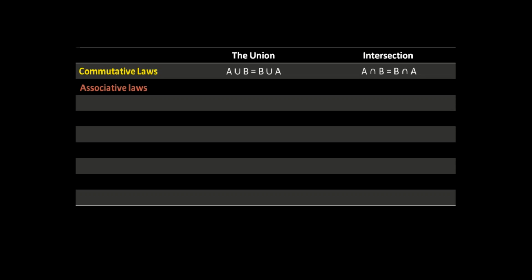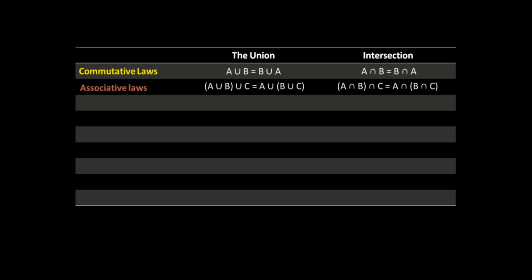Now we have the associative laws. Under the union column, we have the union of A and B and C, which is equivalent to the union of A and the union of B and C. Also here, it does not matter the order of how our sets are united.